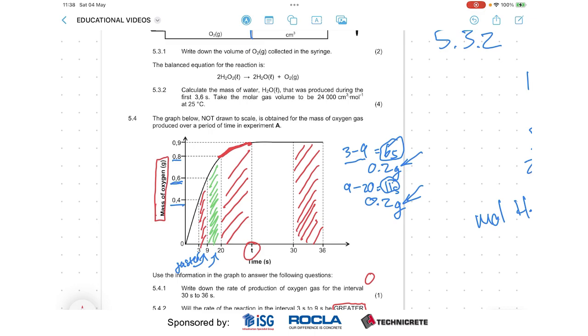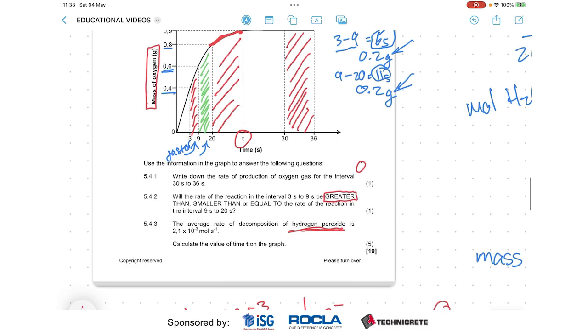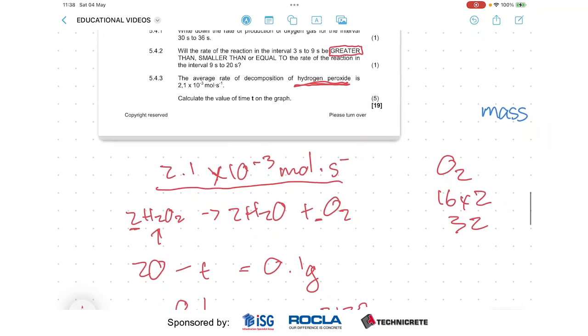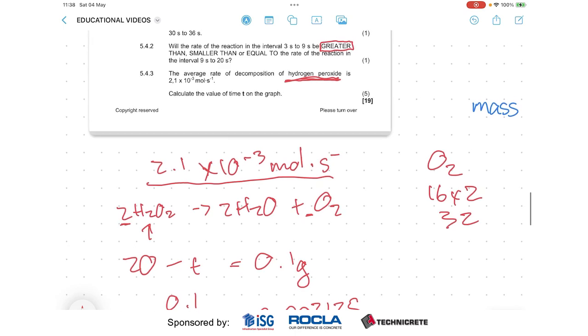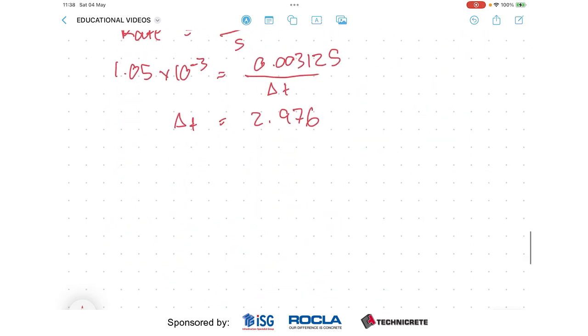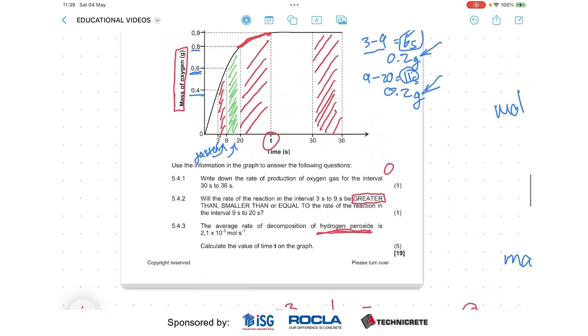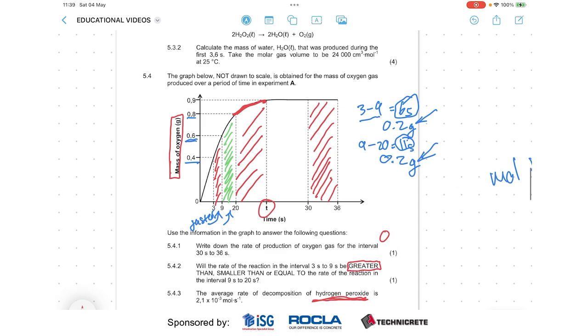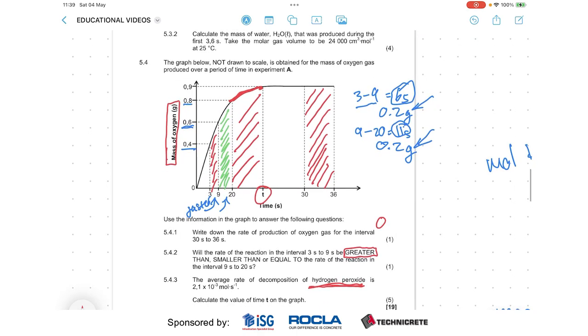And then basically what we have to do is add it to 20. So to get the value of t, it would be the previous, no, we need to subtract it from 30 because the rate is decreasing.